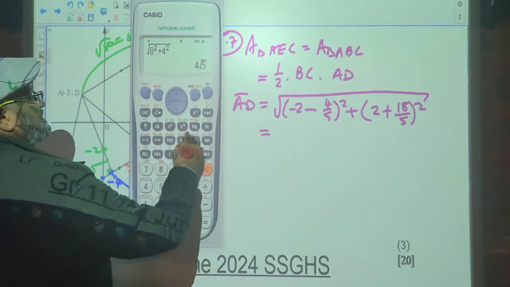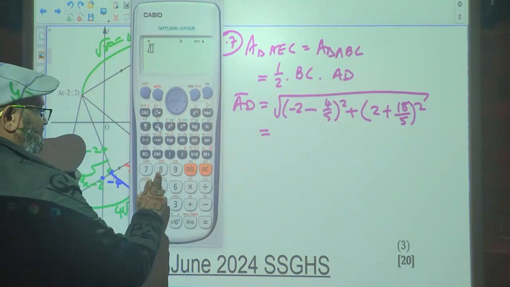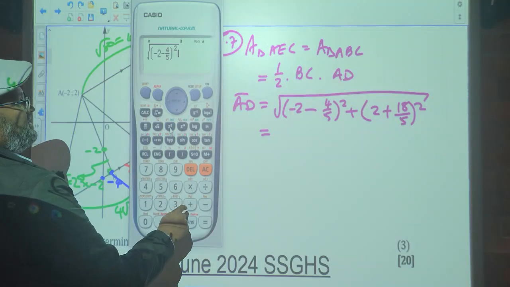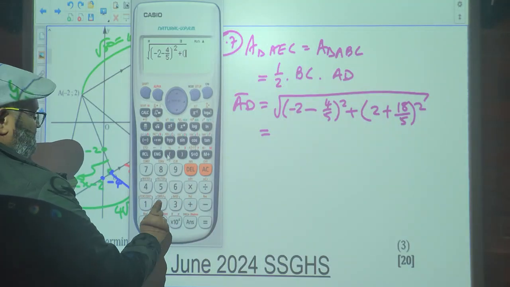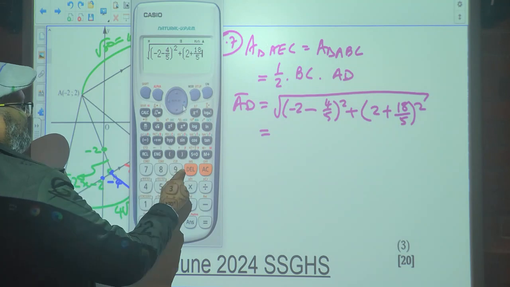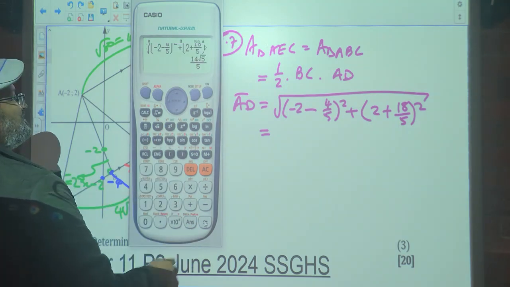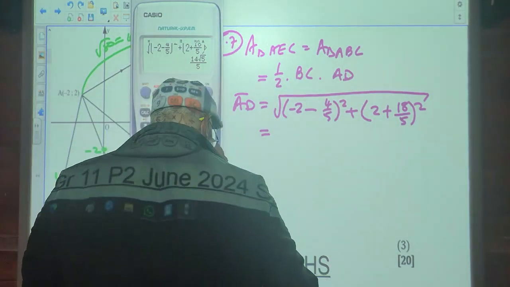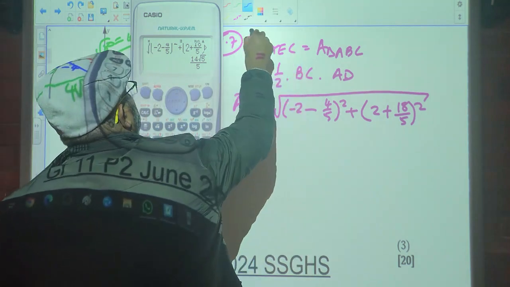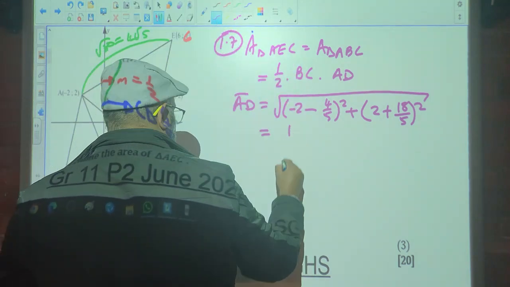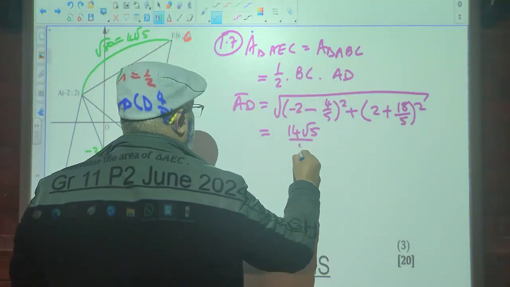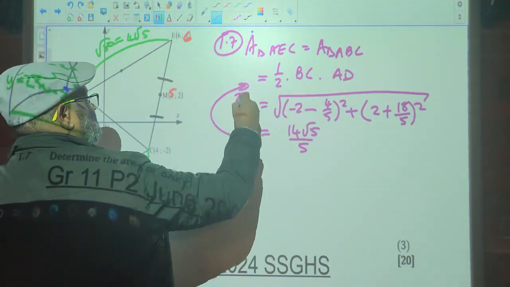And let's put that in the calculator. So the square root of negative 2 minus 4 over 5 squared plus 2 plus 18 over 5 squared. It's going to give you 14 root 5 over 5. So we'll substitute everything now in that.